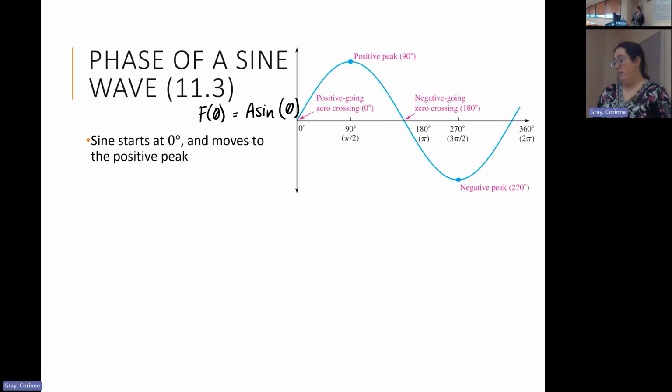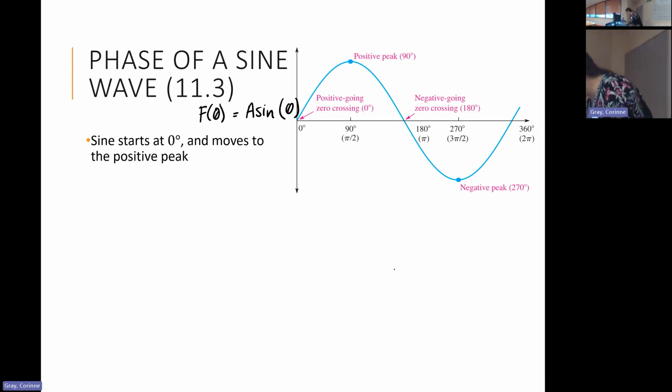With that, there is some terminology that this textbook is going to use. This isn't on exam 2, but you might want it on your note sheet for exam 3. If we look at the 0 degree part here, it is called positive going.